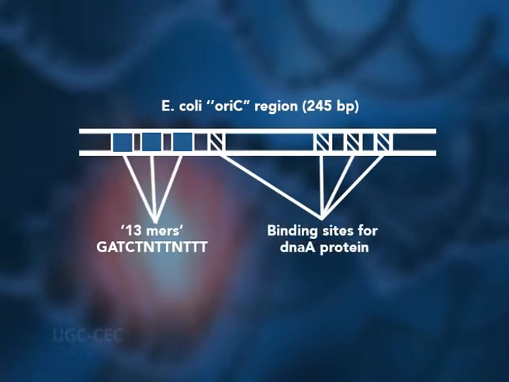The binding of DNA A protein, named for its gene, to 4 sites on the ORI C, shown in the figure, sets in motion the steps for initiation of replication, leading to the unwinding of the template DNA and the synthesis of a primer. Note that the DNA has to be negatively supercoiled to enable DNA A to bind.